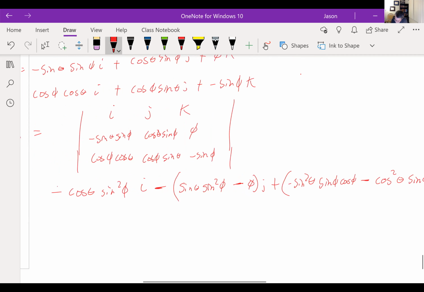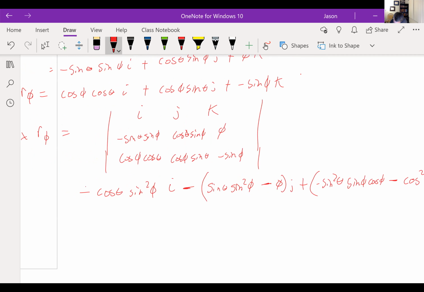So now this is just negative cosine theta sine squared phi i. This is going to be minus sine theta sine squared phi j.